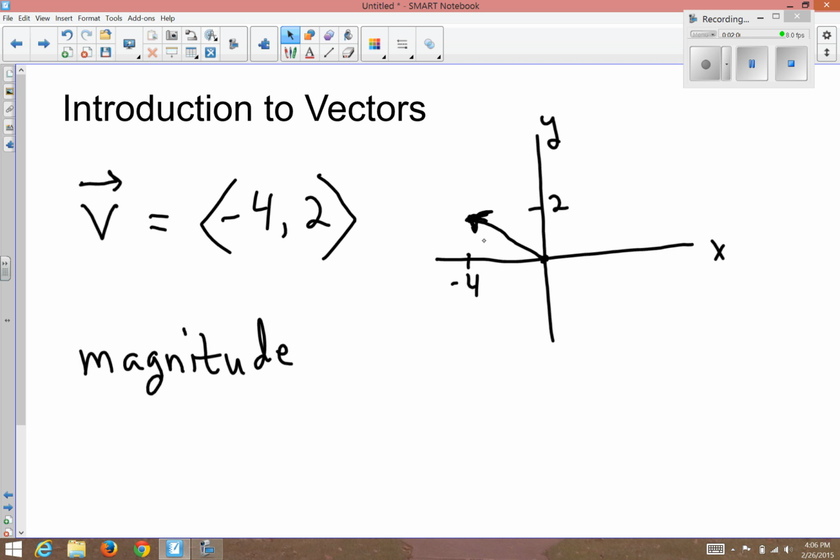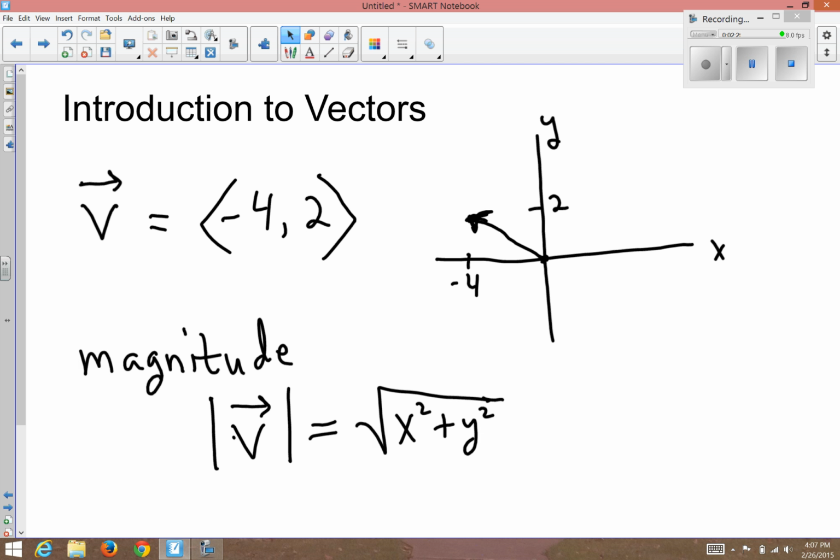Also could be thought of as the length of this arrow. The magnitude of a vector is symbolized like this. Here's the name of the vector, absolute value symbol. Here we could say the absolute value of the vector, or we could say the magnitude of the vector, and it's always equal to the square root of x squared plus y squared.